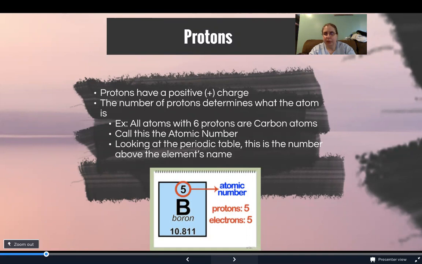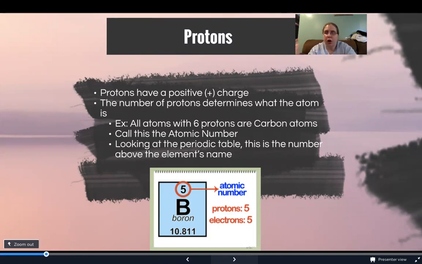Changing the number of protons changes what element that atom is. So that's why we use this as our defining characteristic for an element. The number of protons will tell us what element a particular atom is. So this will stay the same if you're trying to identify an atom.